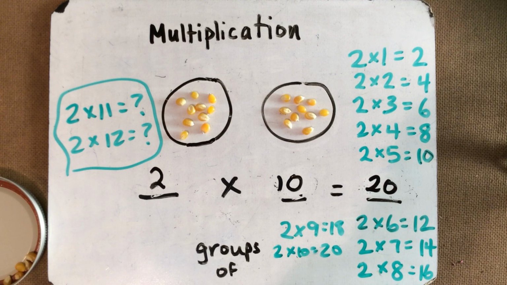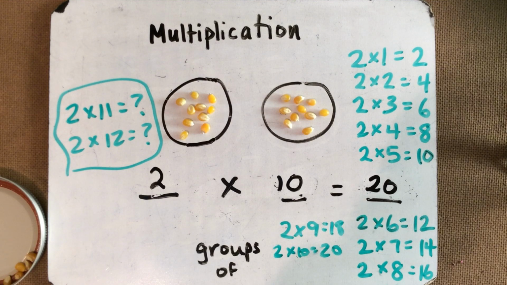2 times 5 is... So fill in the blanks. 2 times 6 makes... 2 times 7 is 14. 2 times 8 makes a sweet 16.